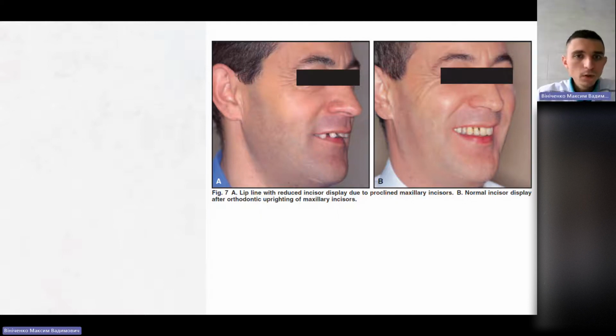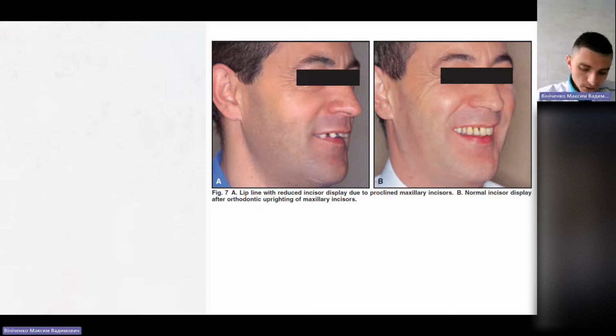On the picture, B is a normal incisor display on orthodontic uprighting of maxillary incisors. But for example, if the patient had a good profile, the nasolabial angle is normal, but the patient has a proclined incisor display, we must understand that if we make a good dentition, we will lose a good profile of this patient.